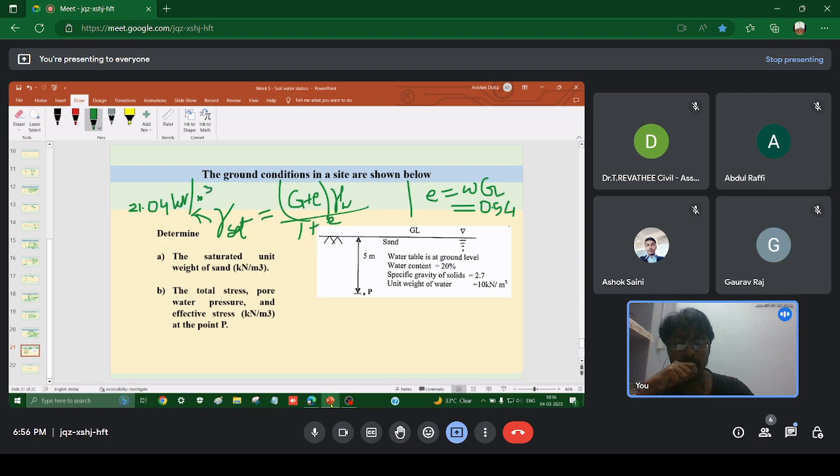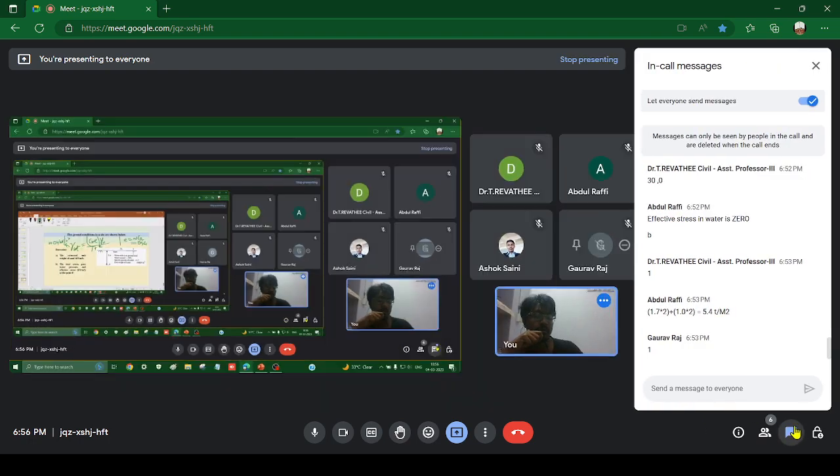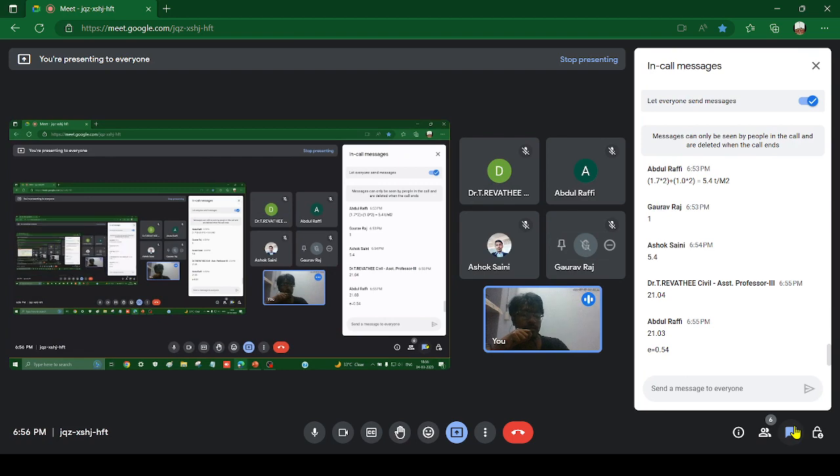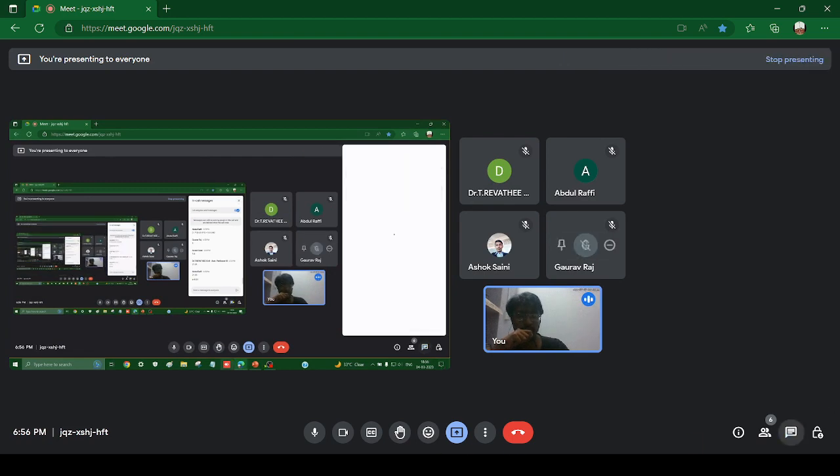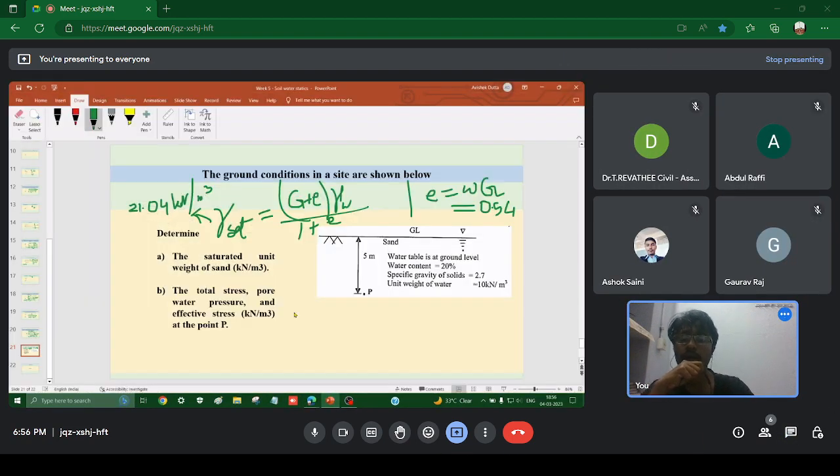Anyone else have got any other answer? 21.03, 21.04. Yeah, that is the answer you will get for saturated unit weight of sand.